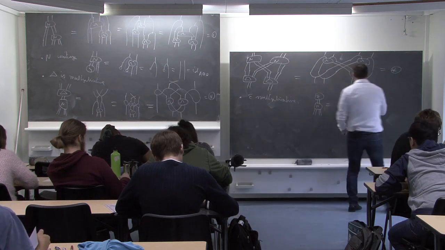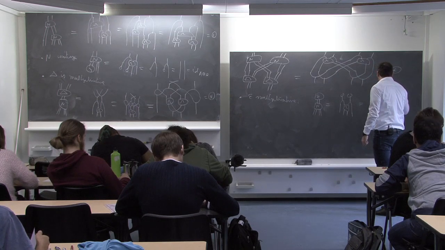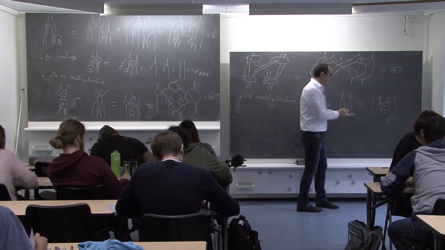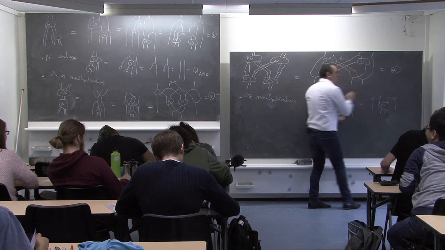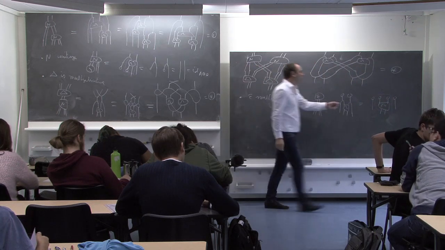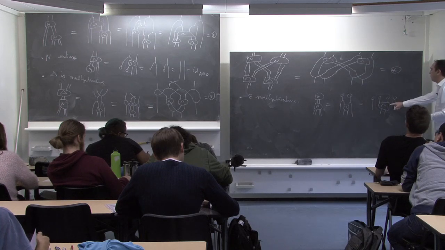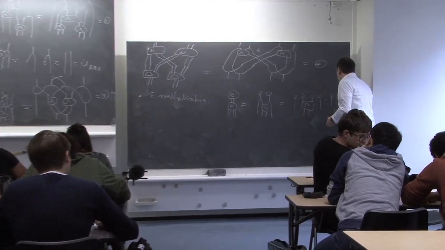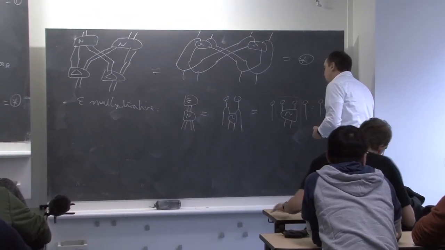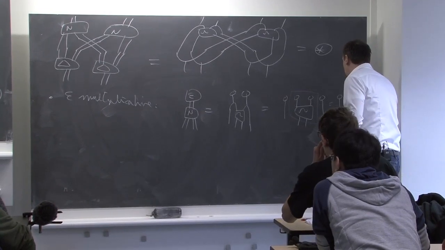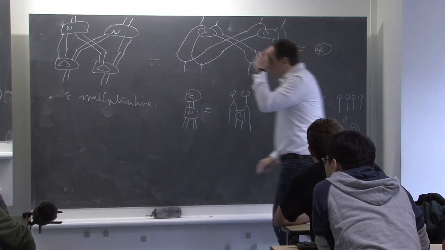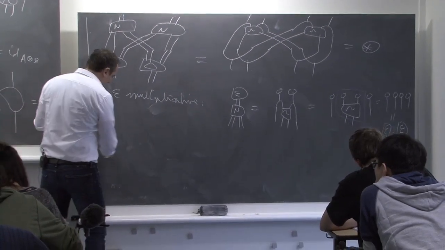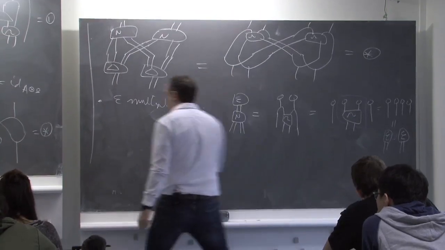Well, the counit is always multiplicative, so we have this. But I use the axiom now. I think it's the fourth axiom, and what I get is epsilon times epsilon, which is epsilon. Okay. And I leave you to verify that what I gave is the antipode.